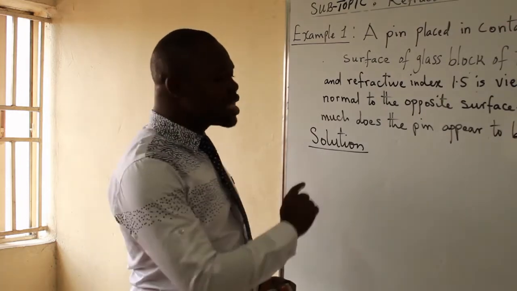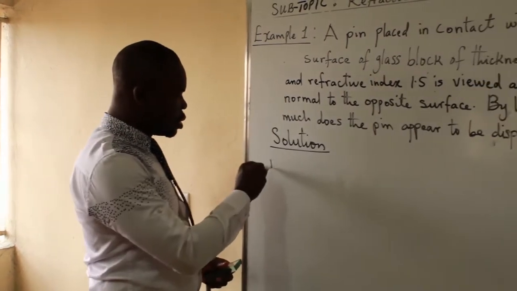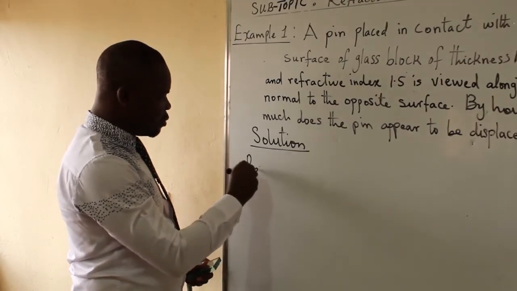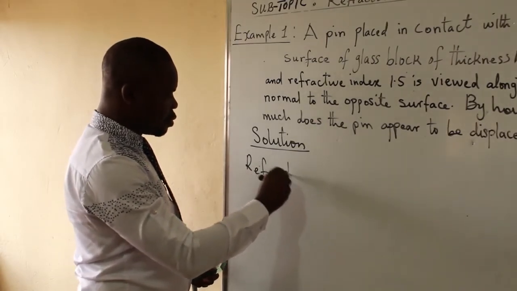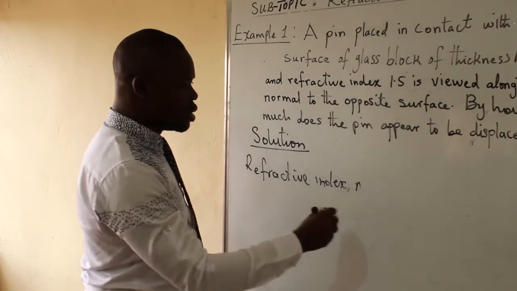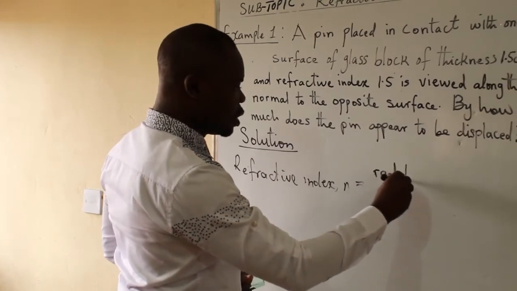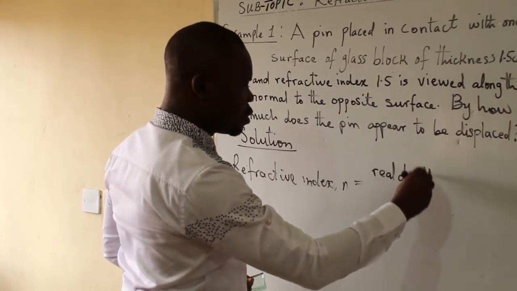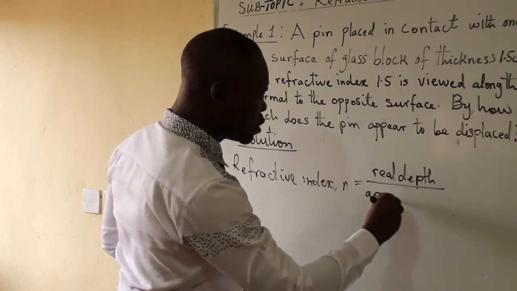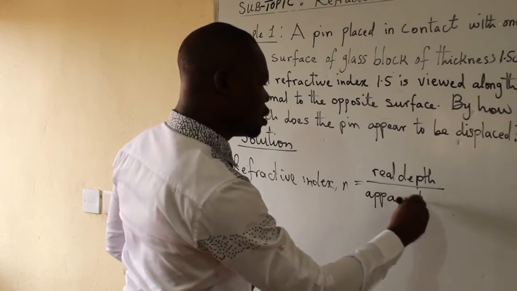And so, in terms of refractive index N, refractive index N equals real depth over apparent depth.